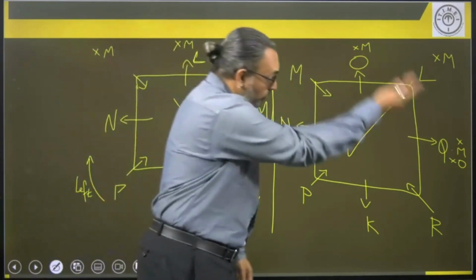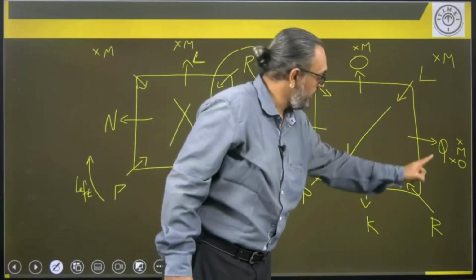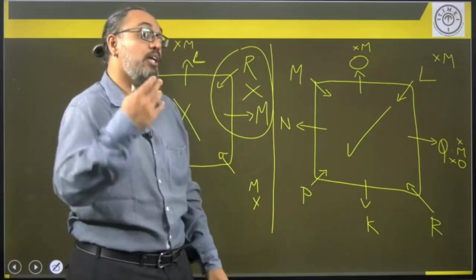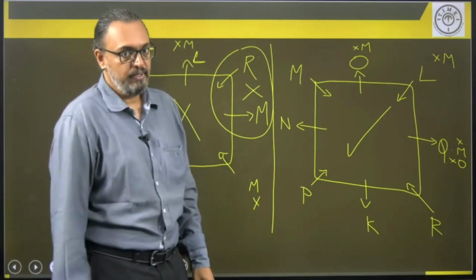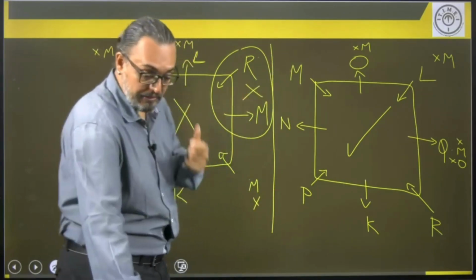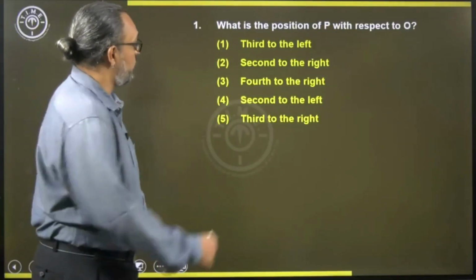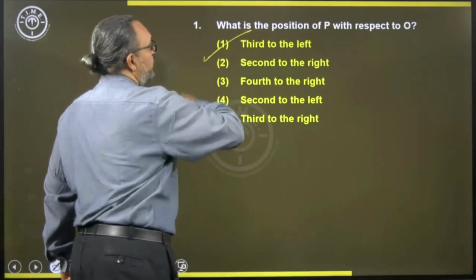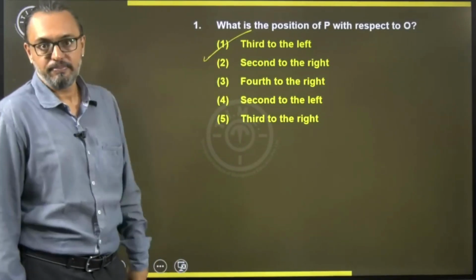And if I take the clockwise direction, it will be first, second, third, fourth, fifth. Fifth to the right can also be given. So it is either third to the left or fifth to the right. Yeah. So you do have third to the left available, choice 1.